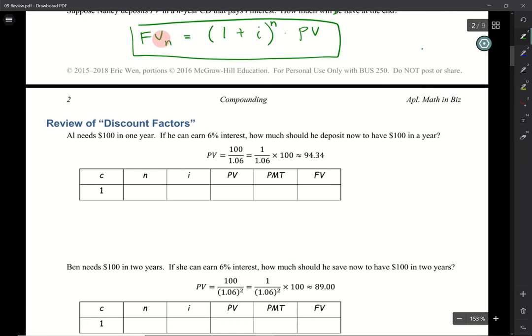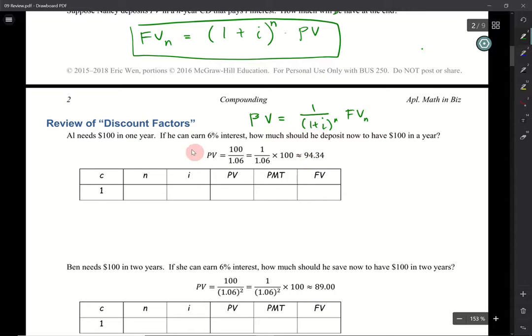So we can divide, do a little algebra, and now we have this 1 plus I to the n times a future value however many periods out. So we basically have this relationship.